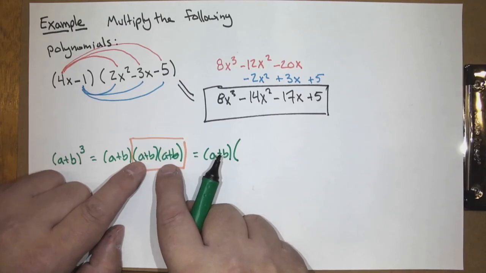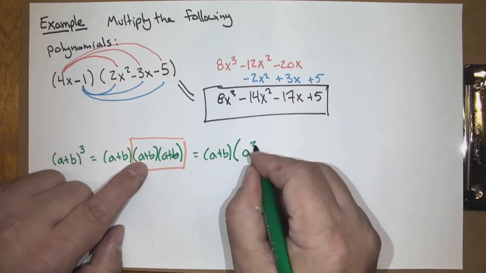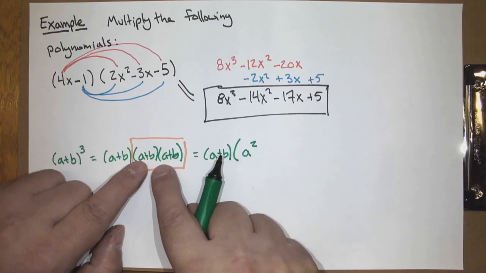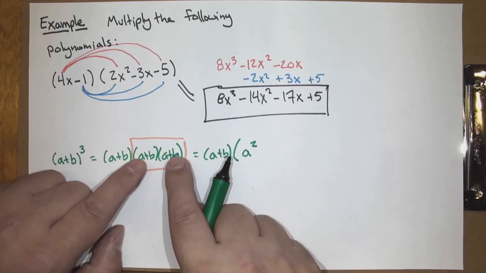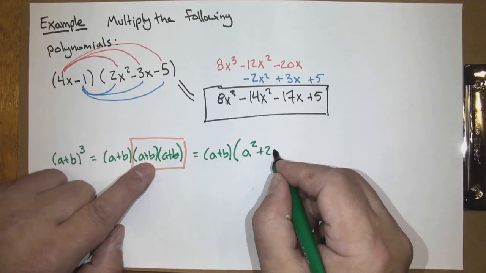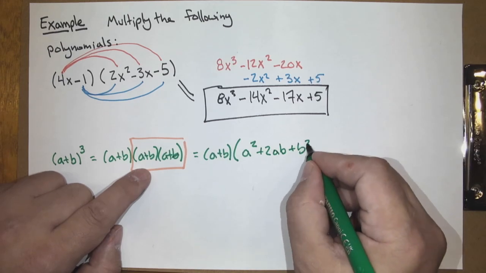Or we can do our FOIL. Somebody has taken algebra before. A squared. Actually, I think most people have taken algebra before. A squared. Then you have an AB and an AB. That's a 2AB. And then you have a B times B. That's a B squared.